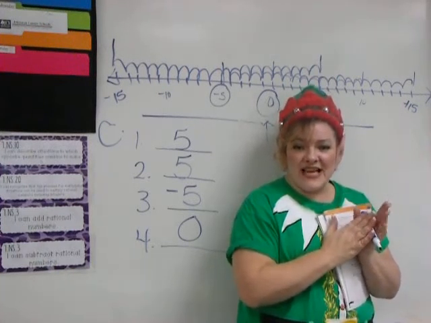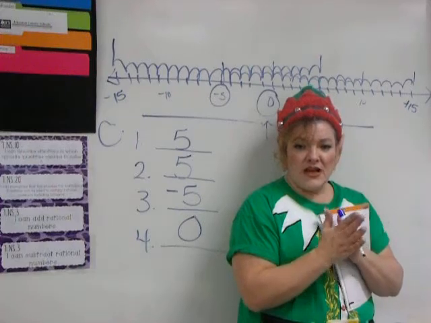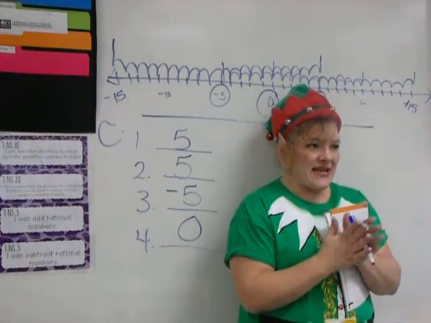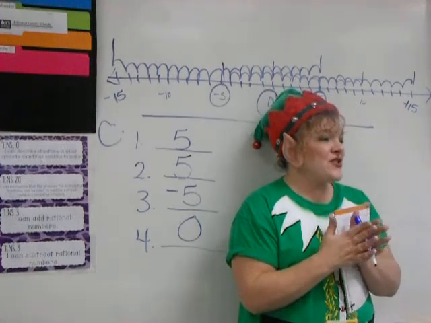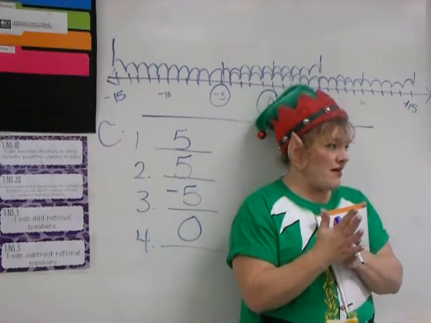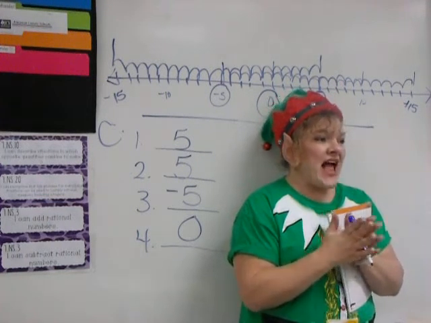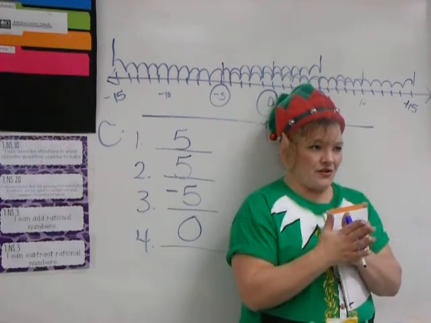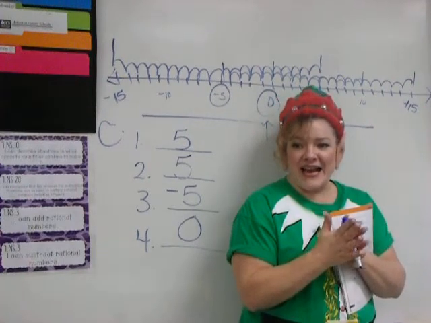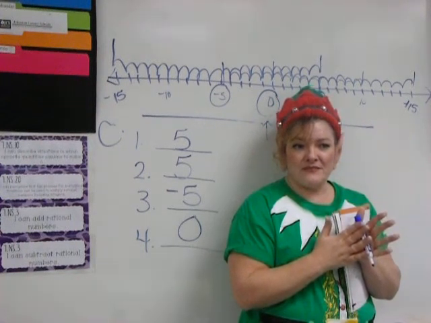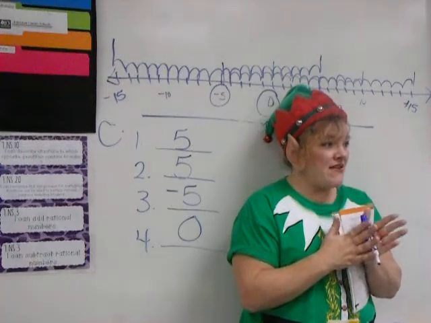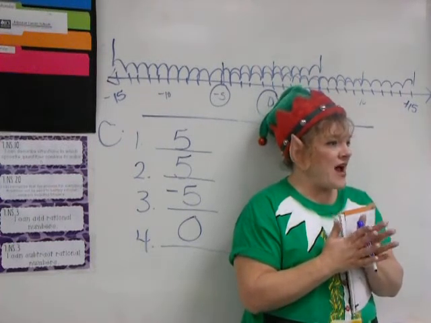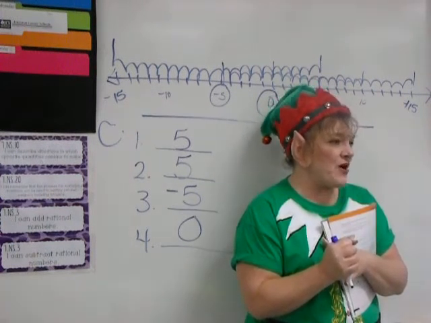So here is my example. I have no money in my bank account. Yesterday, I deposited $100. Today, I withdrew $100. I am back at 0. That is a real-life situation where adding opposites will get me back to 0.